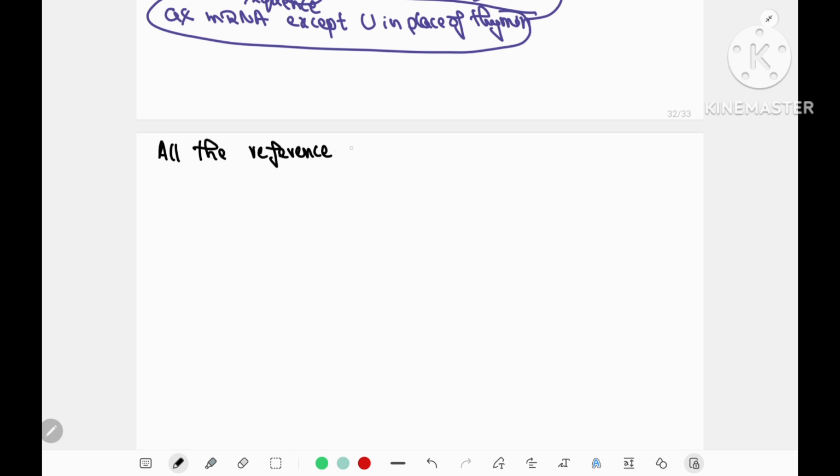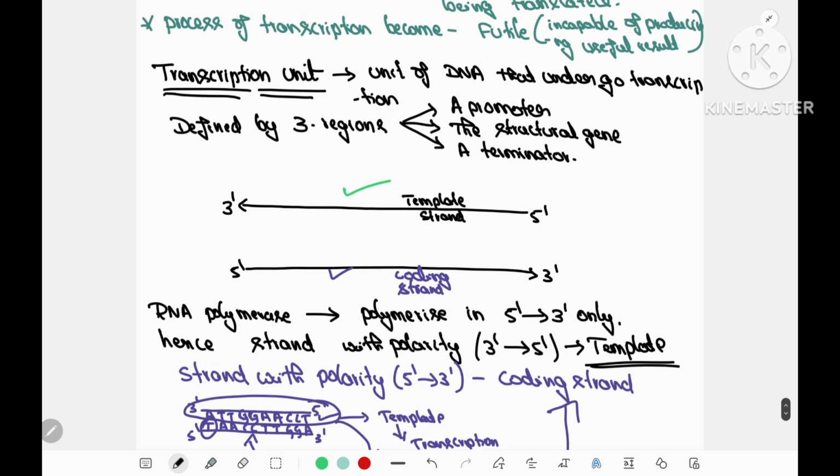Okay. So now, all the reference information, that is, where is the promoter sequence, where are the structural genes, where are the terminator sequences, all those will be defined with respect to the polarity of the coding strand only. Now the coding strand 5' end is considered as upstream. In your text they have mentioned upstream.